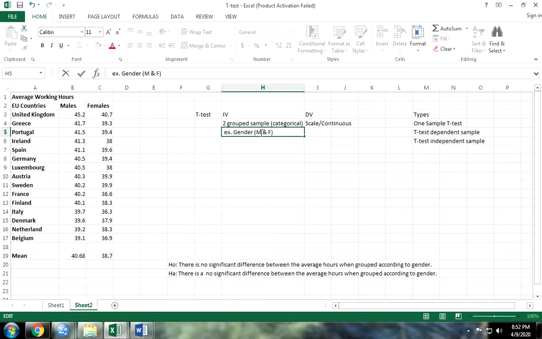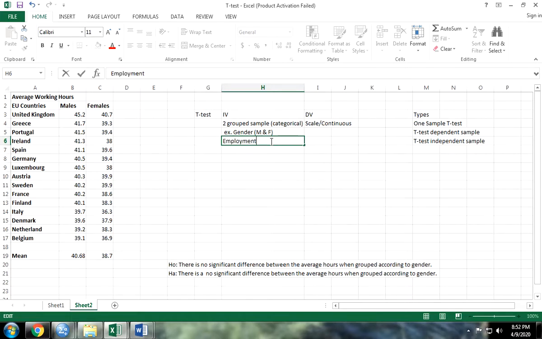Now, for instance, when we use the LGBTQ+ as our grouping variable, more than 2 na siya, ang gagamitin natin ay ANOVA. Pag t-test, 2 group lang siya. Or another example, employment status.